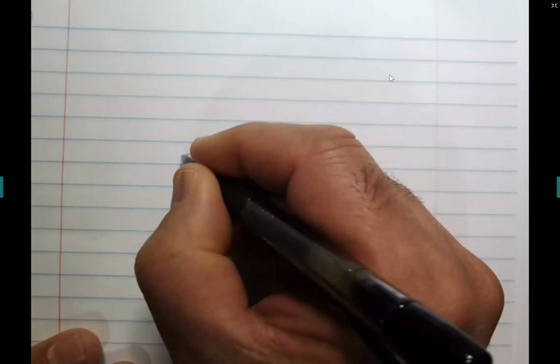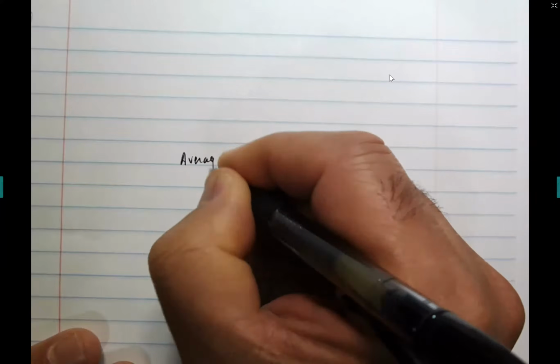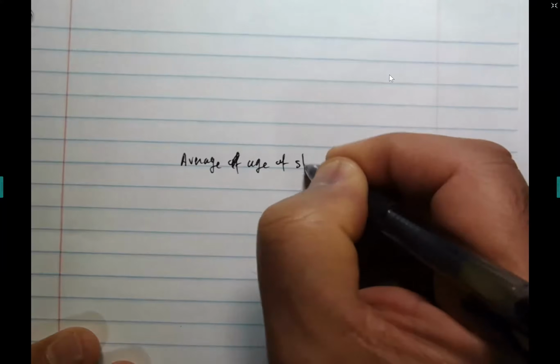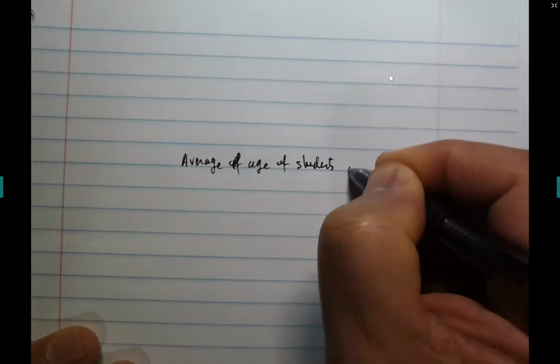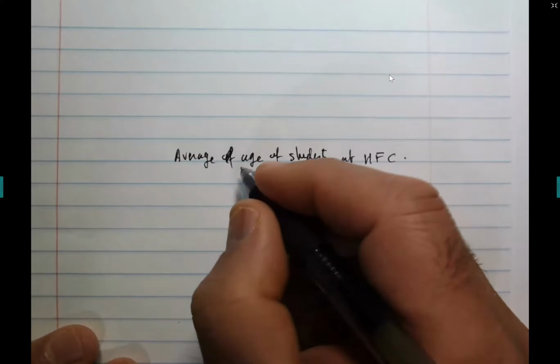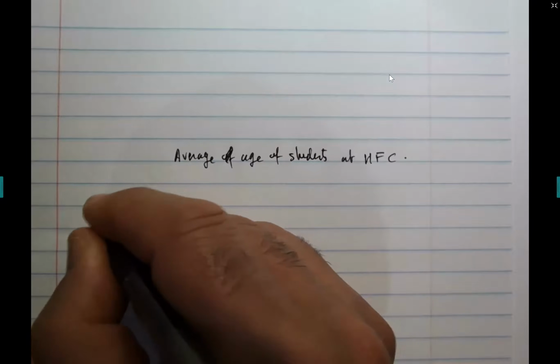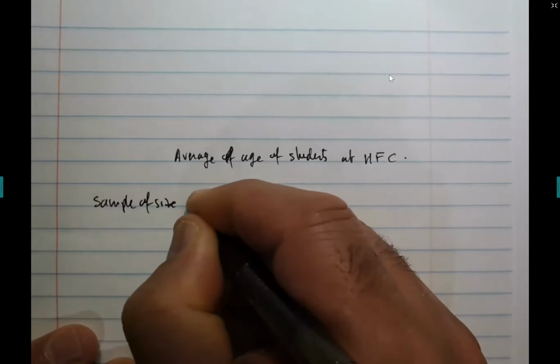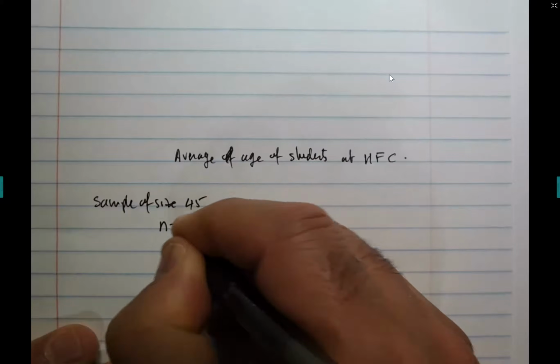So guys, let's say I'm going to work on the average age of students at the college, at HFC. Let's say we pick a sample of size 45. So n was 45.